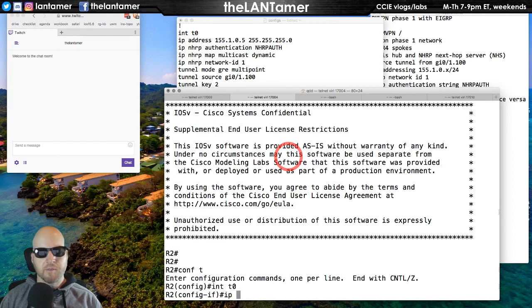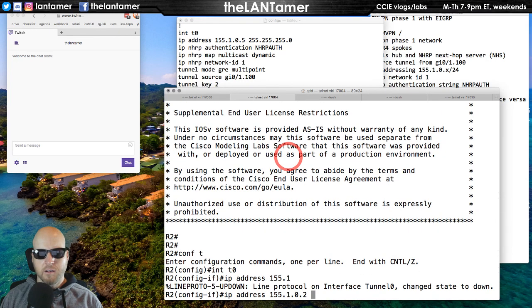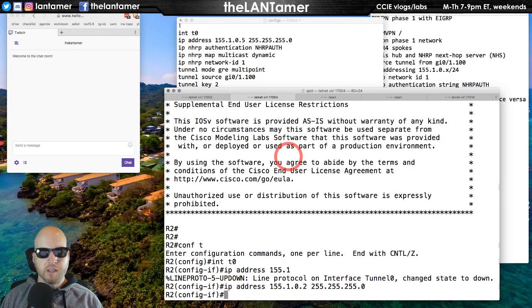All right, let's see if I can do router 2 without making any mistakes. Interface T0, IP address. Someone made a comment today about breaking up these configurations into a mental order.